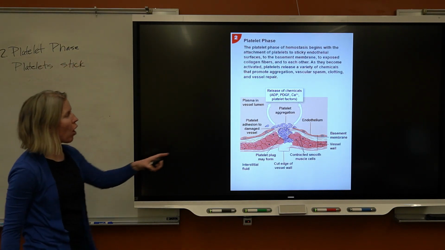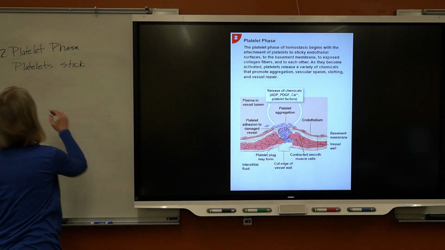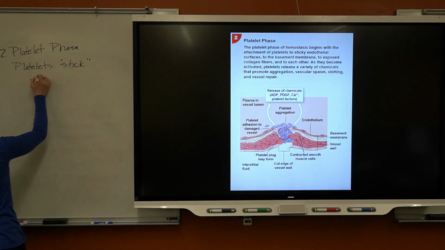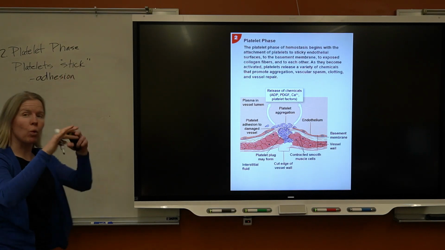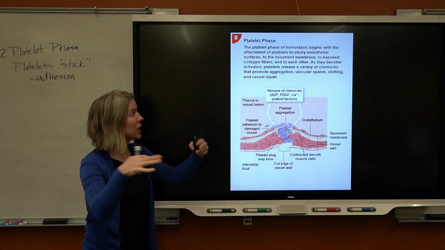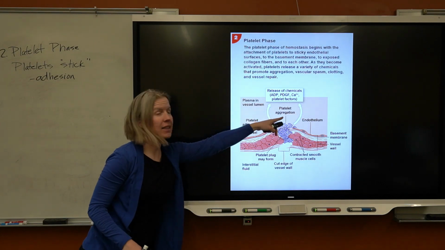Okay. So we call that adhesion. And then once that sticky endothelium is covered, platelets start sticking to platelets. That's aggregation.